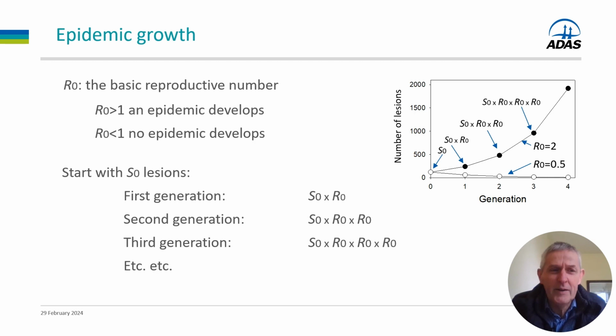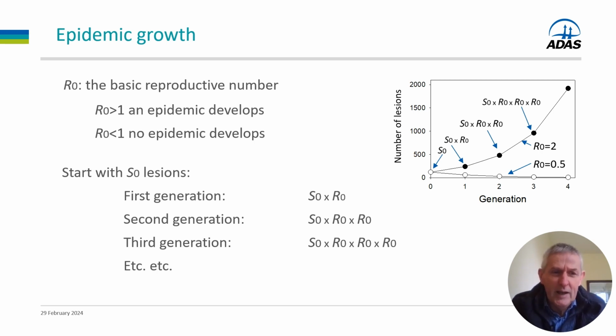If, on the other hand, each lesion produces on average fewer than one new lesion, then the epidemic is going to die out. And we can see that in the chart on the right-hand side. And there can obviously be weather conditions in which R0 is less than 1 and the epidemic just does not develop. But in many cases it will, so we need to think about how to manage that.